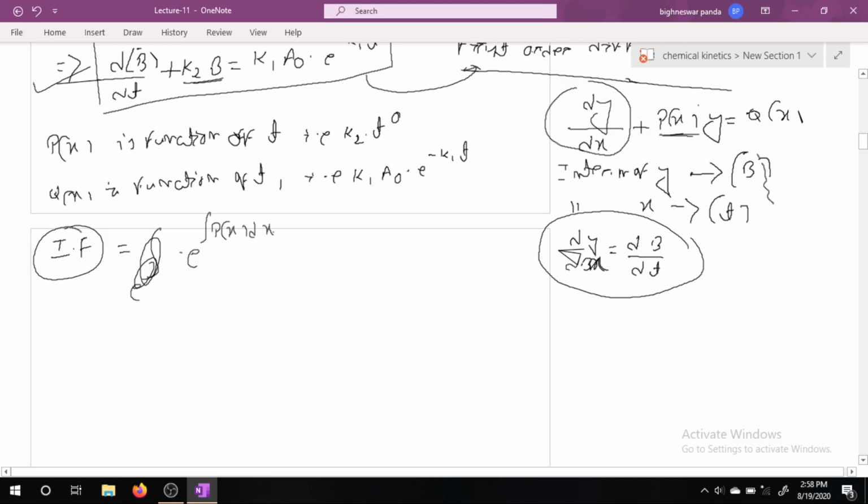What is P of x? P of x is equal to K2, so dx means in terms of x I have to put t here.